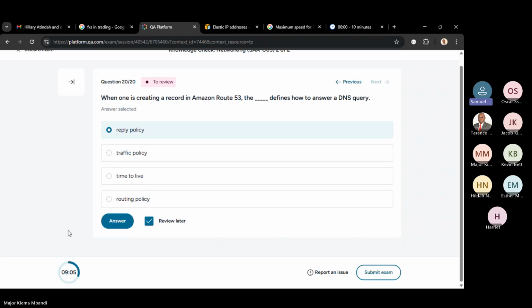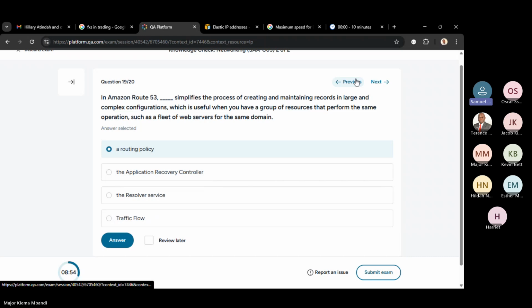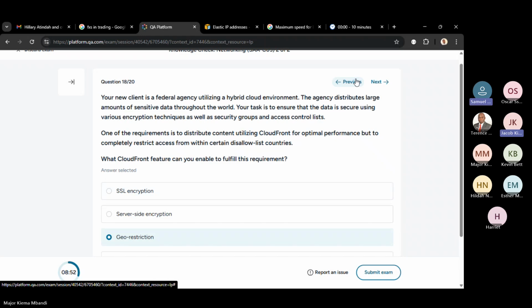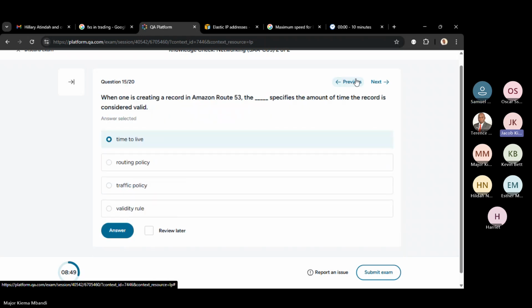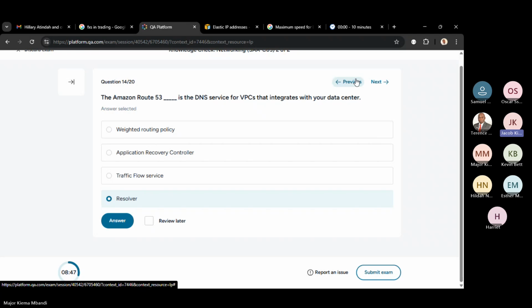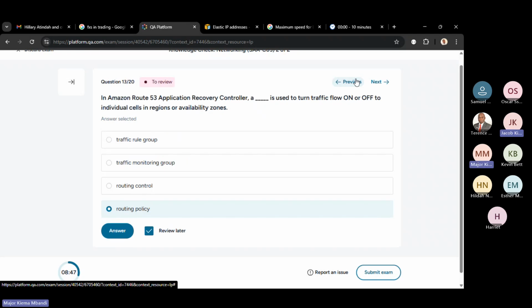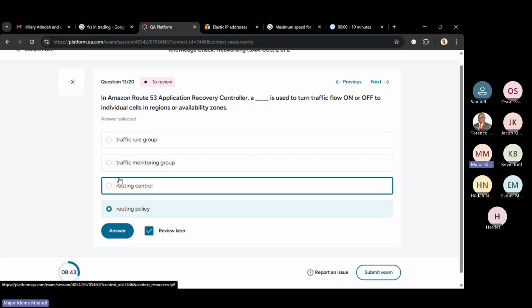I was looking at the routing control anyway. So we go back; the majority have it. I was looking at the routing control, but it depends on what everyone chooses. You say you're looking at option C, Sam?